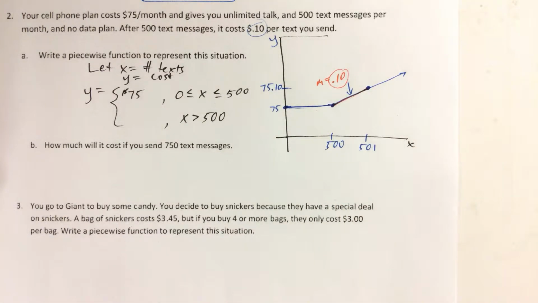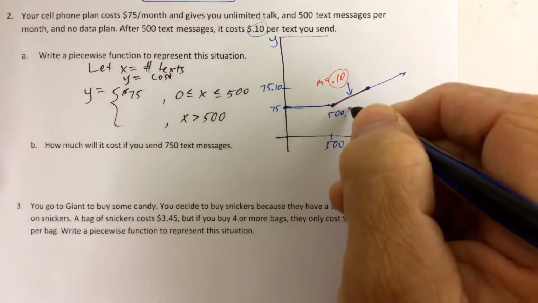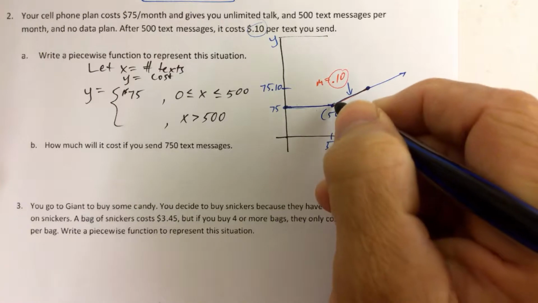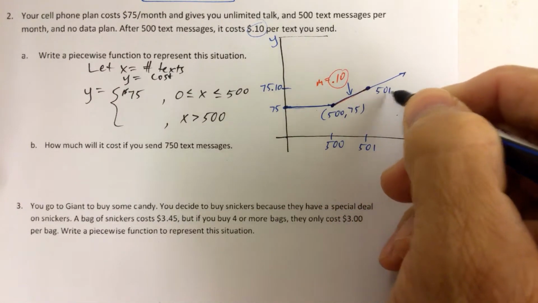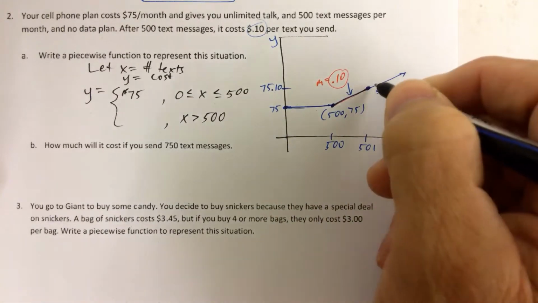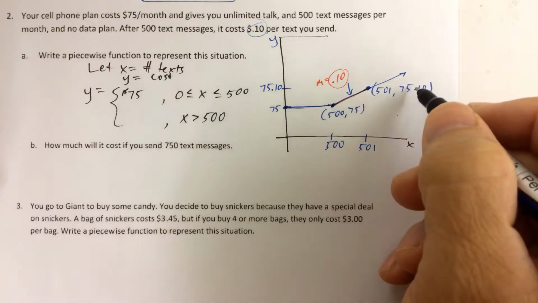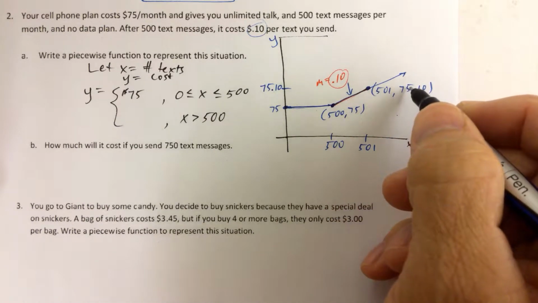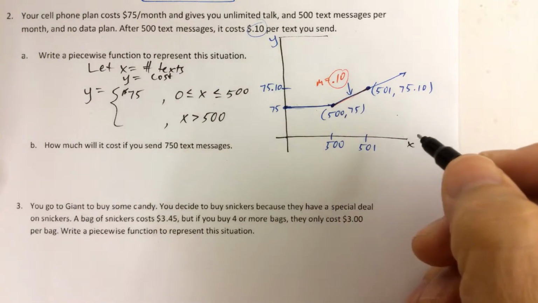Let's put the coordinates here: 500, 75 are the coordinates of this point, and the coordinates of this point are 501, $75.10. If you wanted to use the coordinates to come up with the slope, you would find the difference in the y coordinates over the difference in the x coordinates, and you still get 0.10.